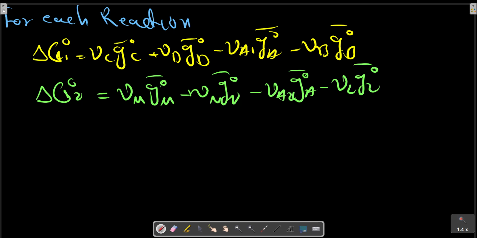These equations express the change in Gibbs function of the system at constant temperature and pressure for infinitesimal degrees of reaction of both reaction 1 and 2.